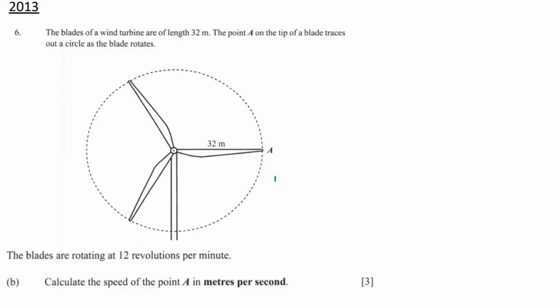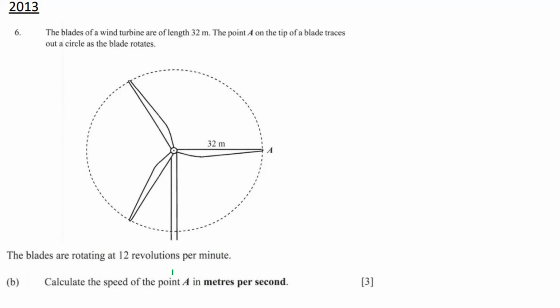It says the blades are rotating at 12 revolutions per minute. So in each minute, they're going to be able to do 12 revolutions. It says calculate the speed at point A in meters per second.